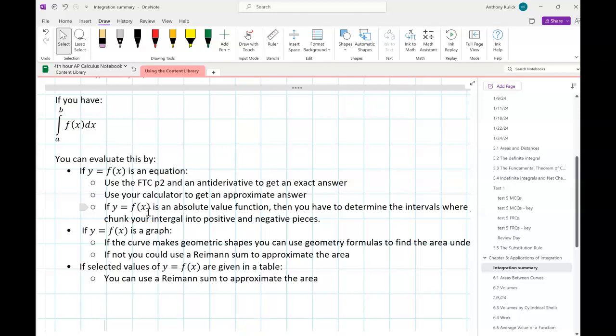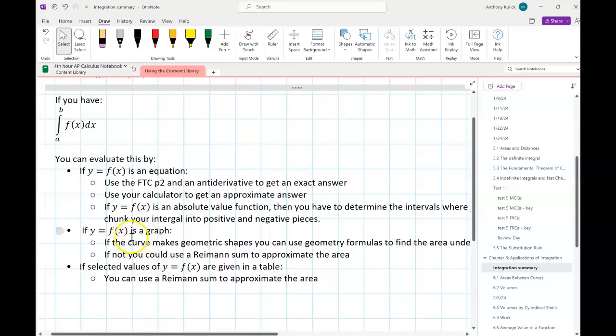Without doing that, the positives and negatives are going to aggregate and you're going to lose what you need. Do you guys remember what I mean by chunk? We've talked about that, where this part is under and this part is over, so the part that's under I integrate separately, and the part that's over I integrate separately.